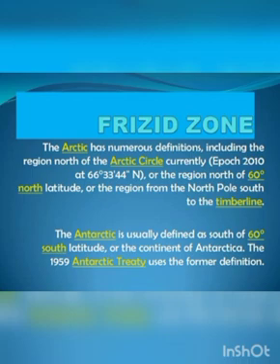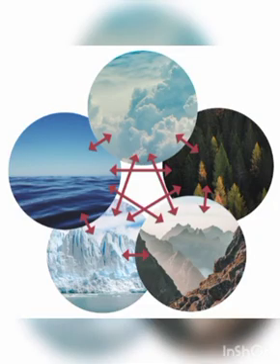On the northern side, the parts of Asia, Europe and North America are the northern frozen areas. In the south, that is Antarctica, the frozen continent. It is always ice here. Can you clear it?